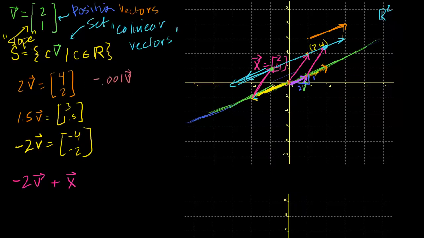So when I defined my set S as the set of all points where I just multiply v times a scalar, I got this thing that went through the origin. But now let me define another set.